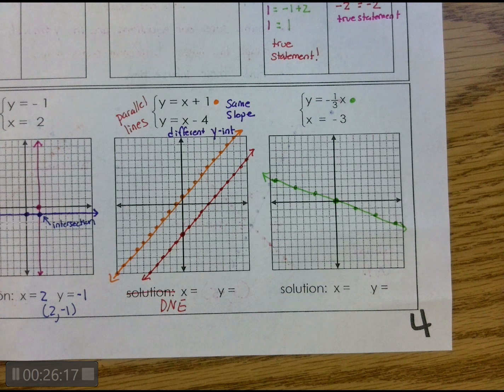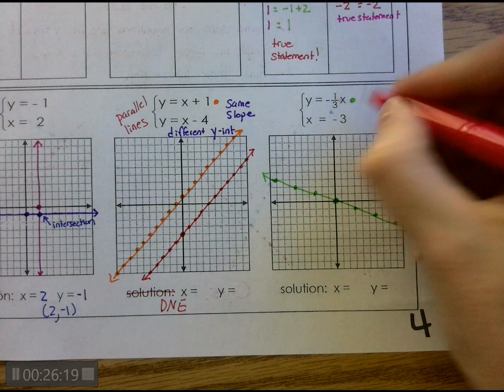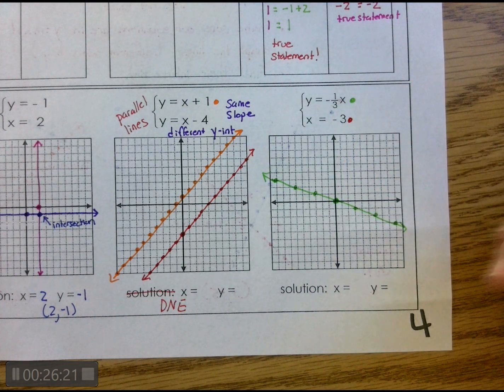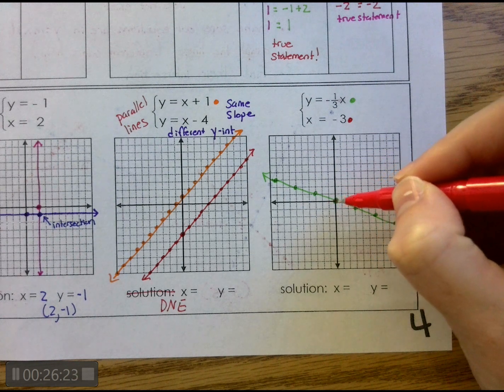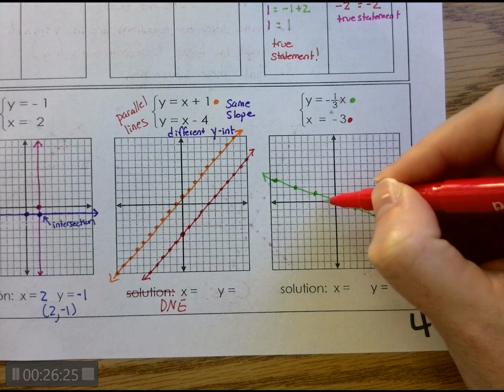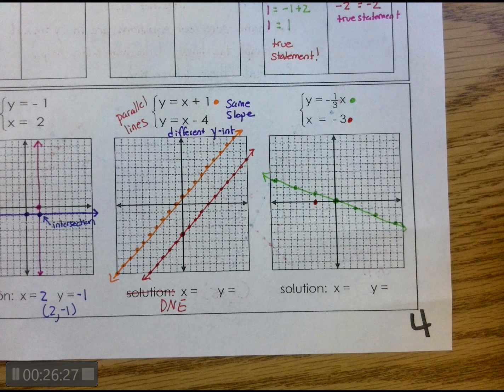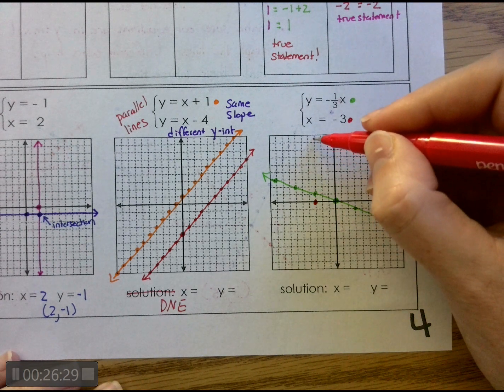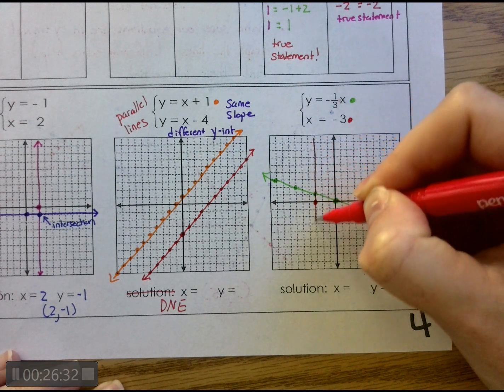And then x equals negative 3. So go to where x equals negative 3. 1, 2, 3. And draw the line where x will always equal negative 3.